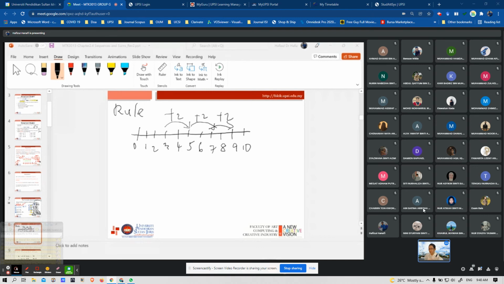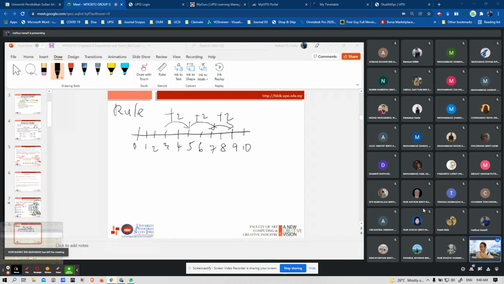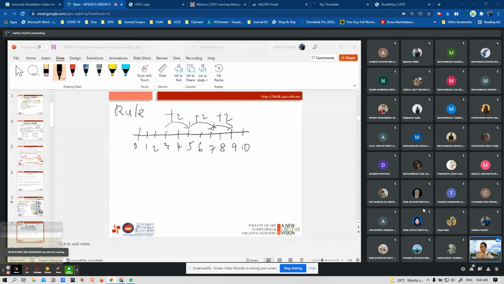Okay, and then we see it as a formula. For example, we have the n-th term, whereby n could be any term number that we want.